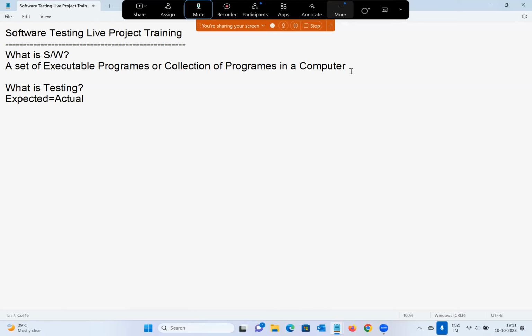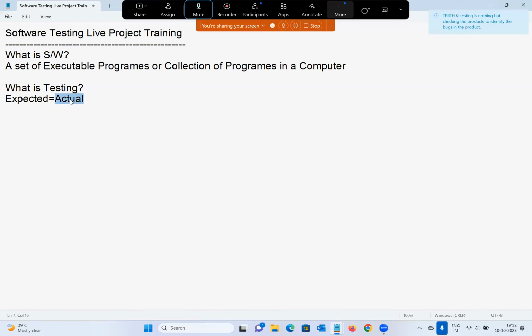What is meant by actual? Before developing the application, the client requirement is called expected. Based on that, the final result and the final output is called actual.